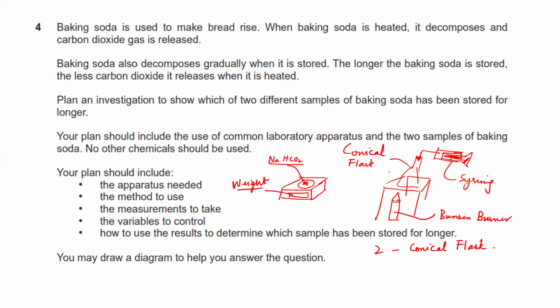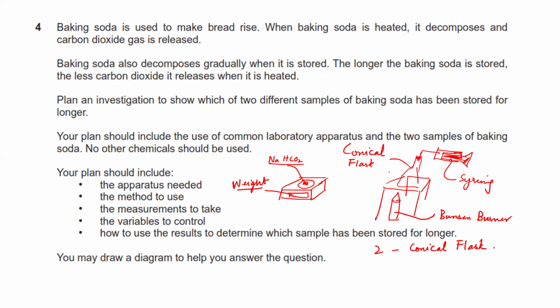Then attach the syringe pump, put it over the Bunsen burner and heat it for say 5 minutes. After 5 minutes, record the reading on the syringe and measure the mass of the conical flask. Then repeat with the second conical flask, heating it for 5 minutes, measuring the syringe reading and the weight of the flask.